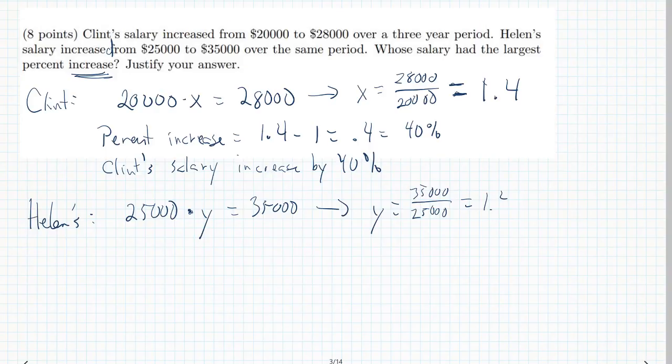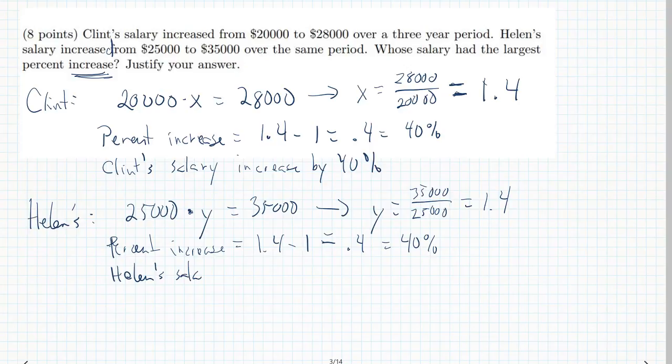Well, we get 1.4 again. Oh, what do you know? And so the percent increase, we're going to go through the same process, is equal to 1.4 minus 1, because we have to take away that 100%, so that's 0.4. And so that equals 40%. So Helen's salary increased by 40%.